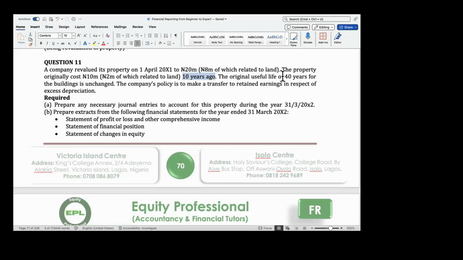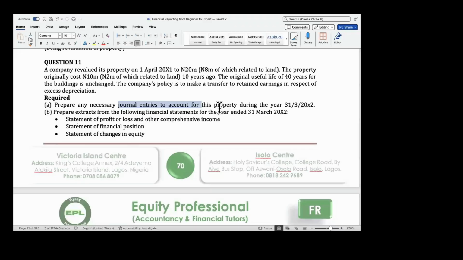So the original useful life of the asset is 40 years, still unchanged. And the company's policy is to make a transfer to retained earnings in respect of excess depreciation. Prepare necessary journal entries at the end of the year.